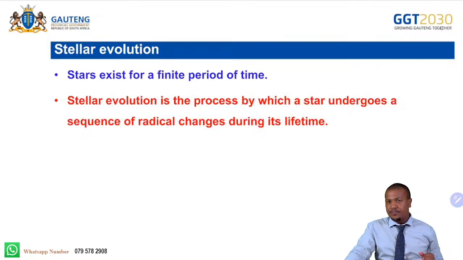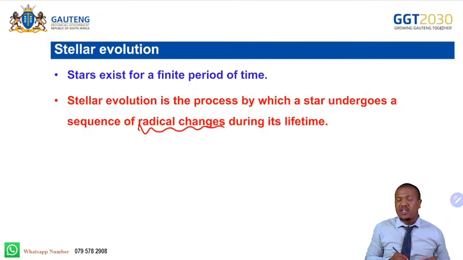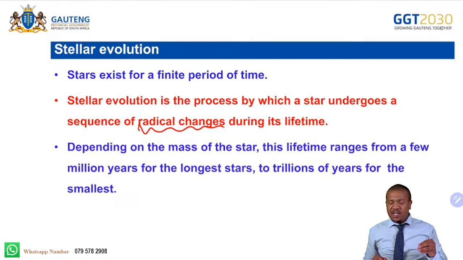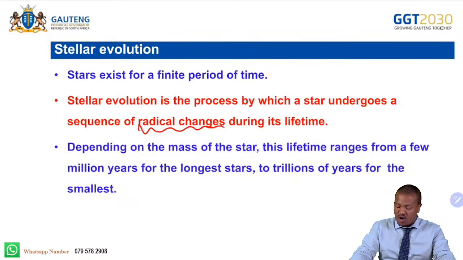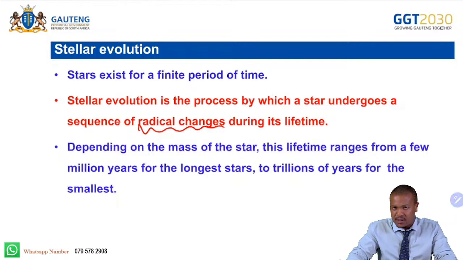Stellar evolution, the process by which a star undergoes these what? Radical changes during its lifetime. Are we together? So now, depending on the mass of the star, this lifetime ranges from 1,000,000 years for the longest stars to trillions of years for the smallest of stars.